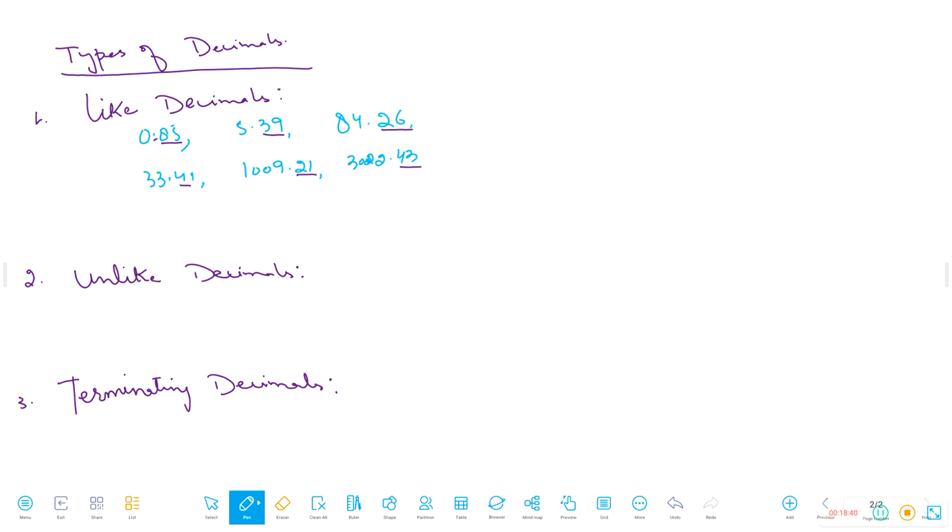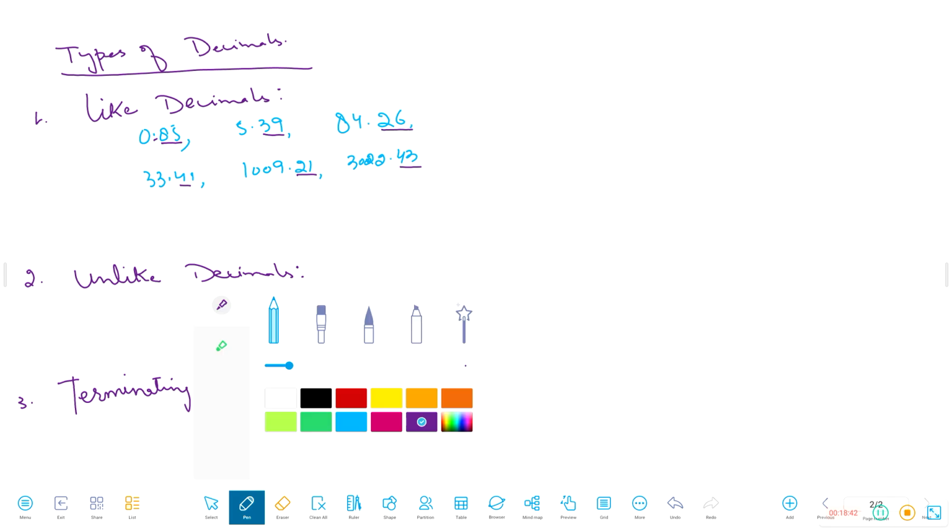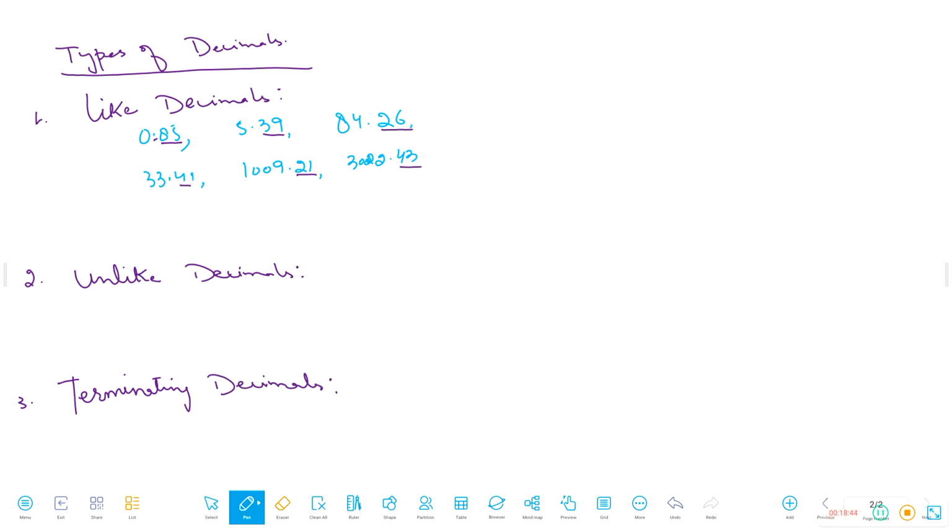So, like decimals, here I am writing the definition. Decimal numbers having equal number of digits after decimal point.